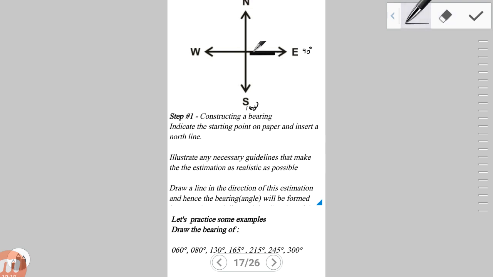165 degrees, once again, you can see here that we're going to be constructing a 135 degrees here. So 165 naturally is going to be about 35 degrees more than 135. Okay, so that's going to be very close here.